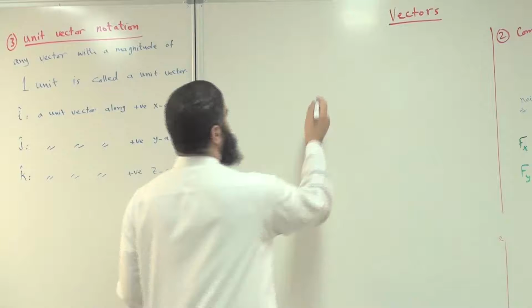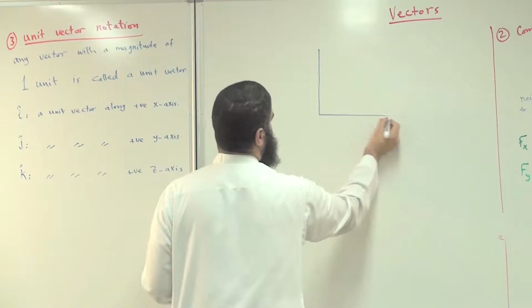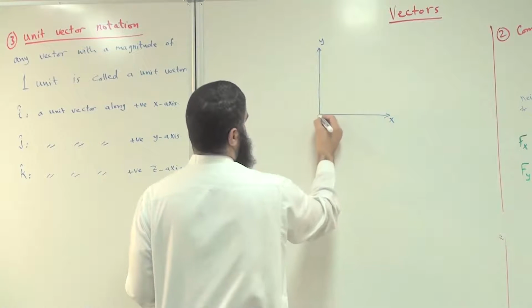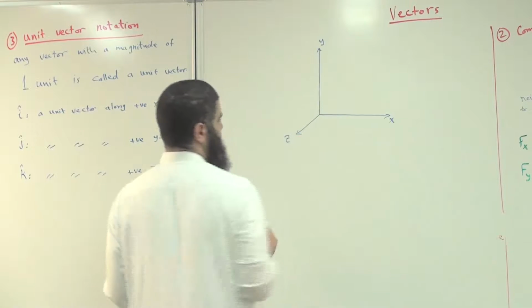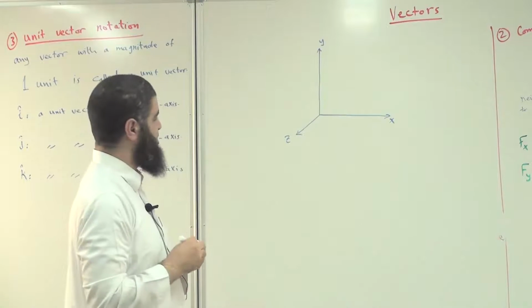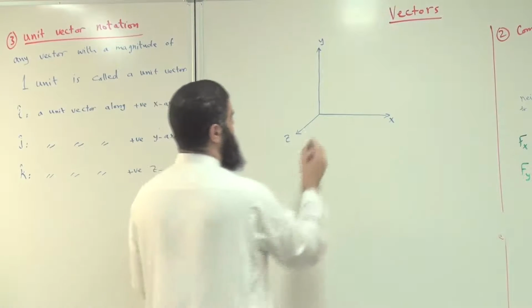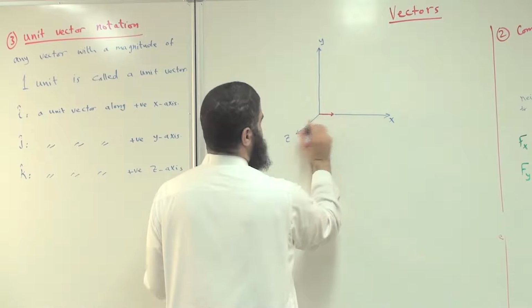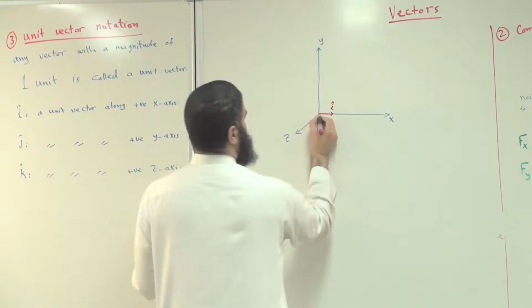Okay, so this is my positive y, this is positive x, okay, and this is the positive z-axis. So this is in space, 3 dimensions. Okay, so along the positive x, let us assume 1 centimeter is 1 unit. So this is the unit vector i.